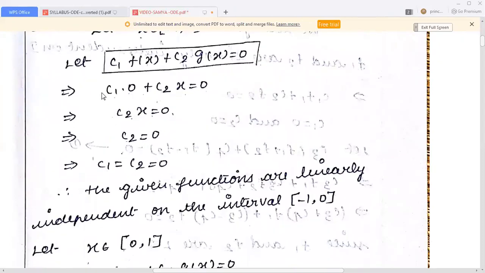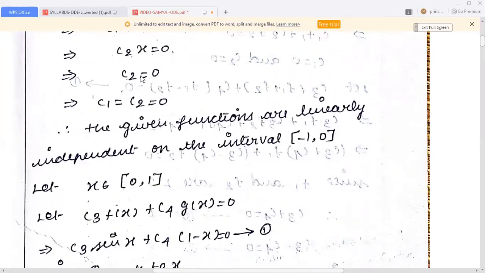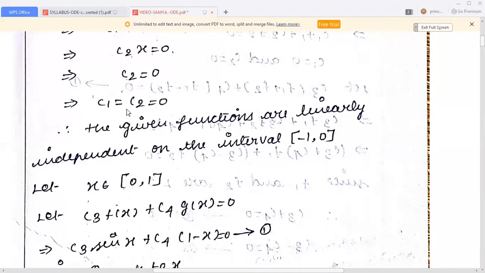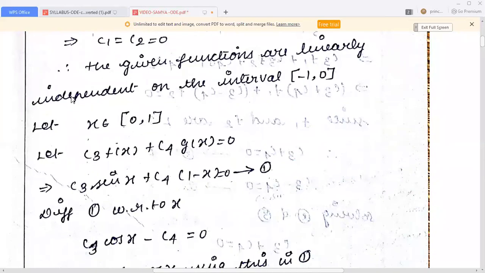So here that is to be substituted. That is c1 into 0 plus c2 into x. So when you simplify this, we get c2 into x equal to 0. This implies c2 equal to 0. This implies C1 and C2 values are 0. Therefore, the given functions are linearly independent on the interval -1, 0.